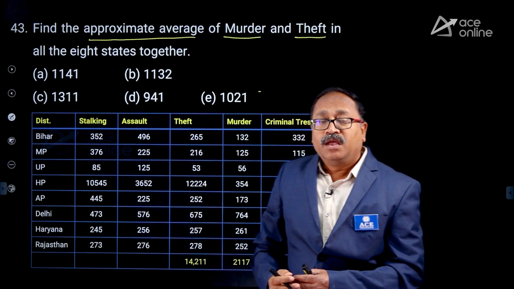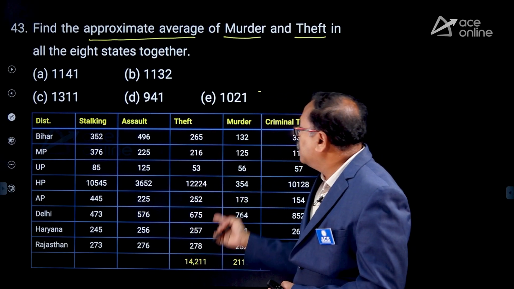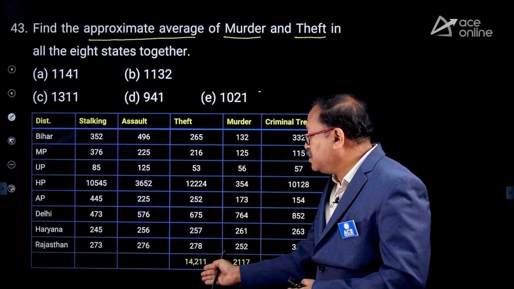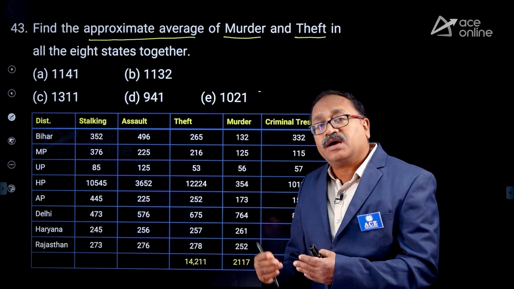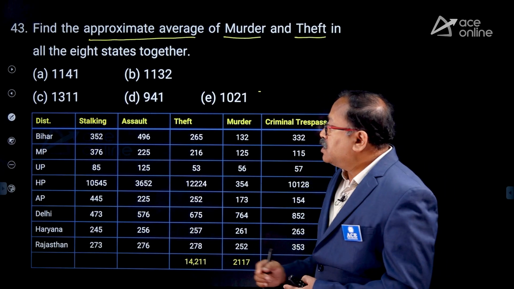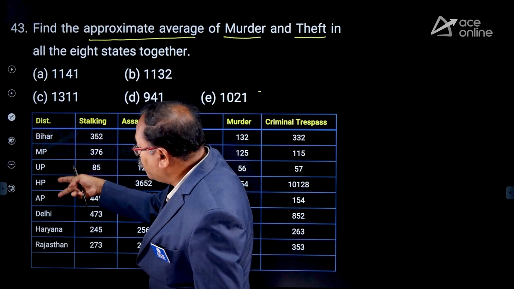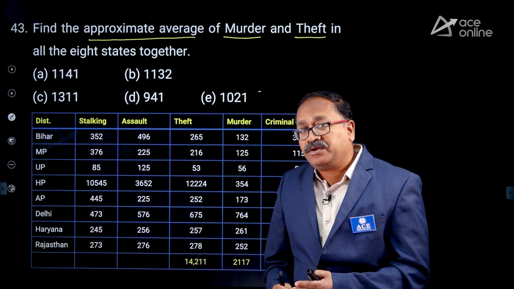So what does it mean? I need to add all the theft and all the murder with the simple addition which I mentioned over here, and I need to find the average. In order to get the average, how many states are there? 2, 4, 6, 8 states are there. I will divide it by 8.